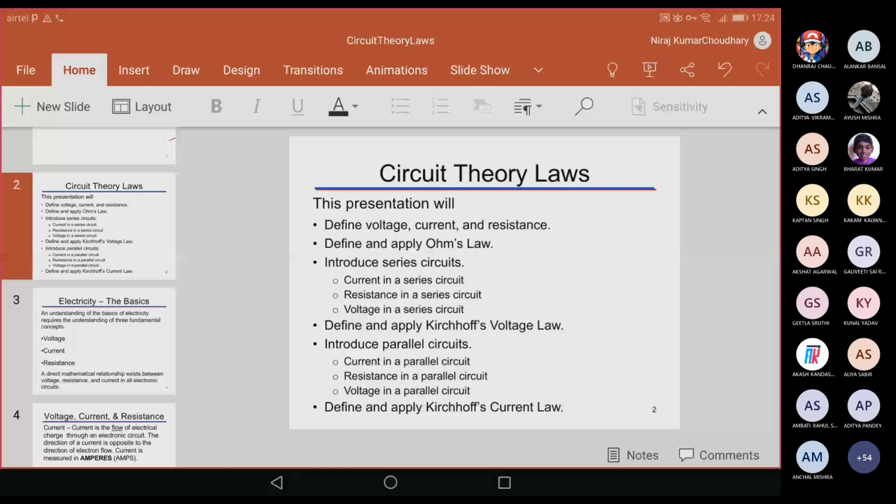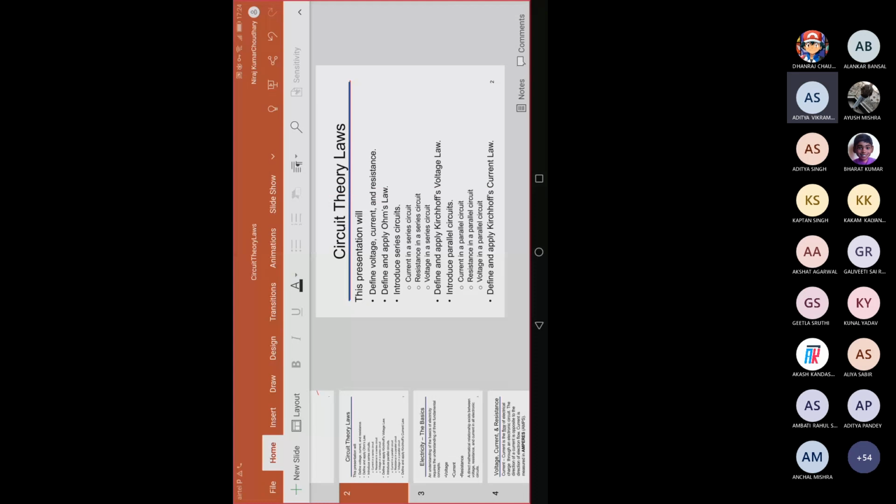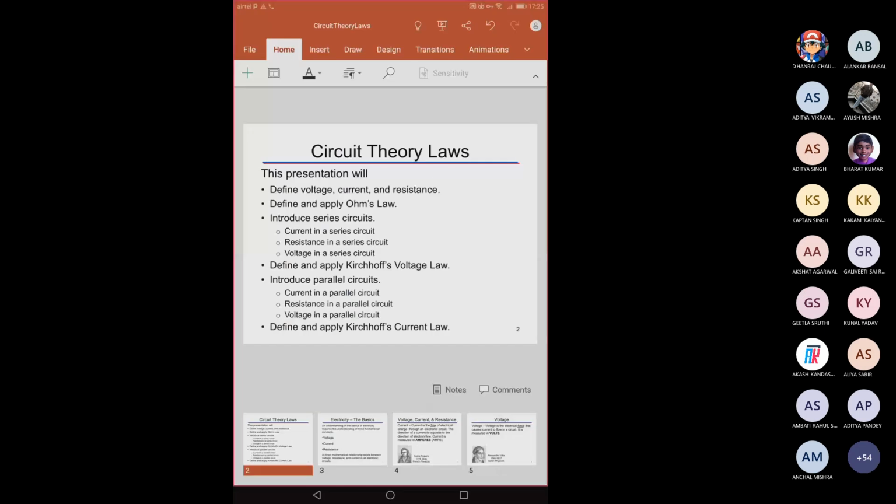So let me see my timetable first of all. So on the same day you want, on Monday itself, the safety class? Yes, sir, on Monday from 10 to 12. Just let me see my timetable first. Okay, I am free from 10 to 11, 11 to 12, 12 to 1.